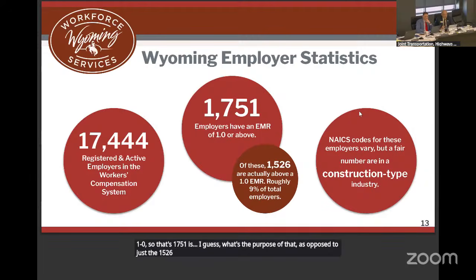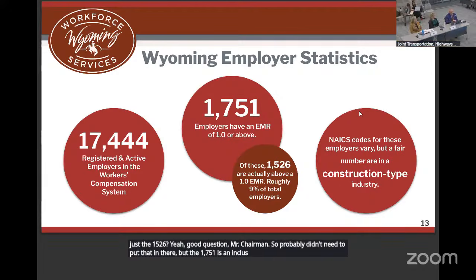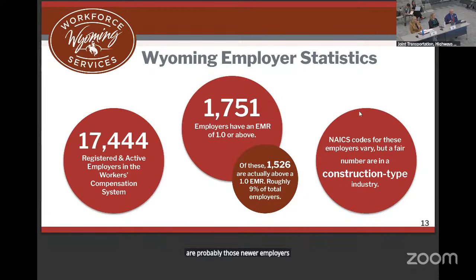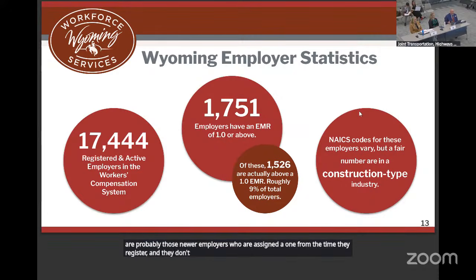Yeah, good question, Mr. Chairman. Probably didn't need to put that in there, but the 1,751 is inclusive of those 1,526. So that 200 and some odd difference is probably those newer employers who are assigned a 1 from the time they register, and they don't have a claims history for us to calculate an EMR. That makes sense. Thank you.